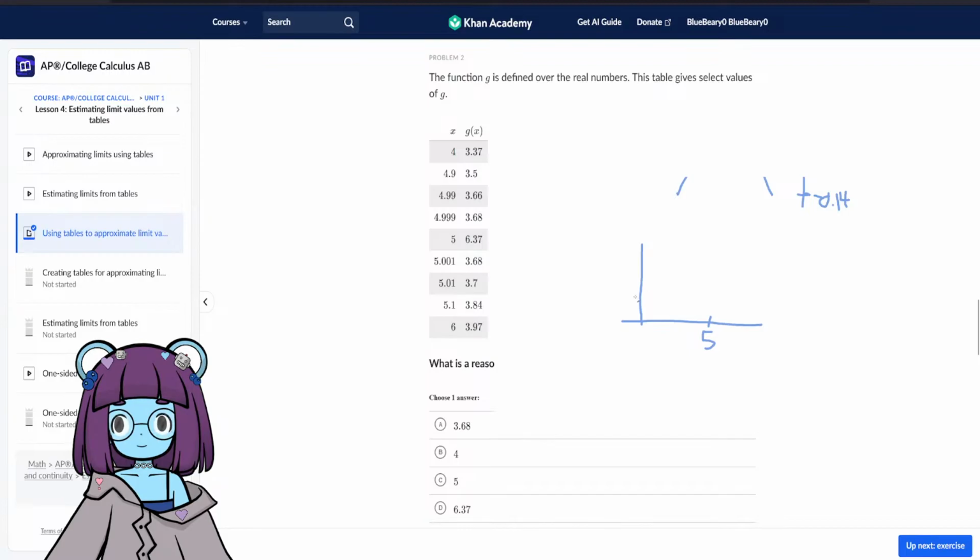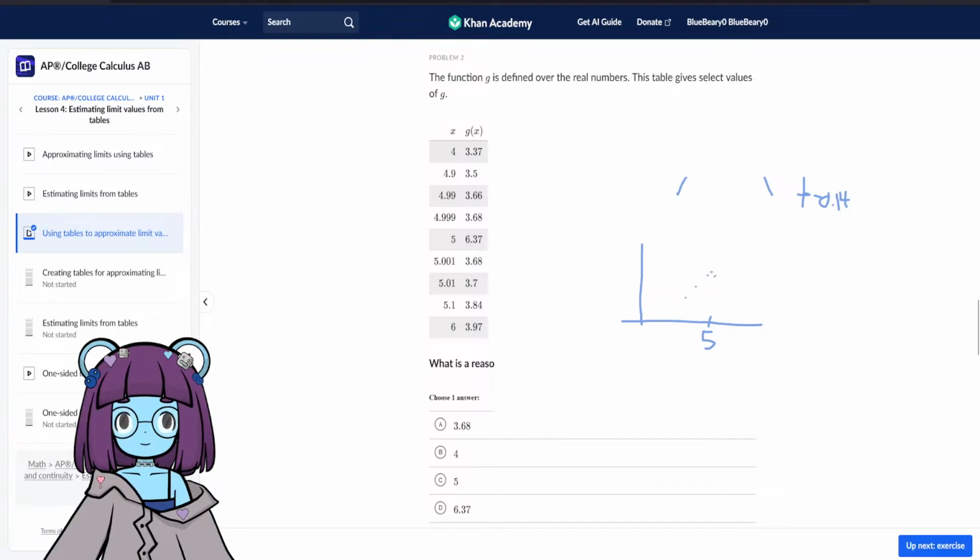And then 4 is lower, 3, then it increases. And I'm assuming there's an undefined point here and it jumps up to some value. And then it goes back down? No, it goes down then up.